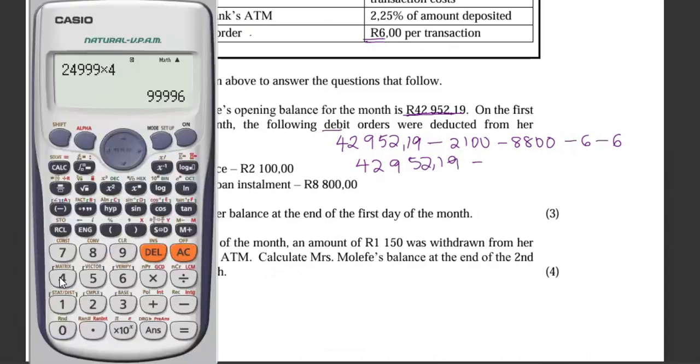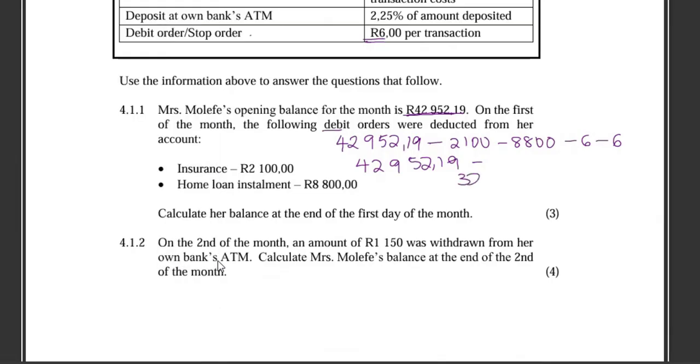Probably you would say 42.95, 2.19 minus 2,100 minus 8,800 minus the 12 rands, the 6s. So her balance is 32,040.